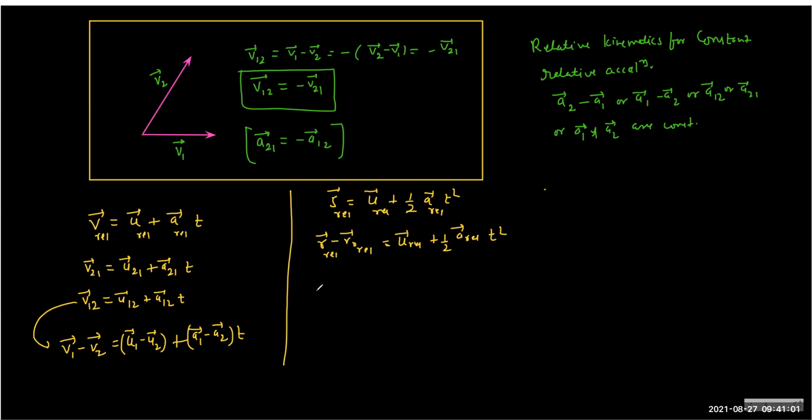So if you want to write in terms of components, you can say R12, the R not 12, the initial, U12, plus half a12 t square.